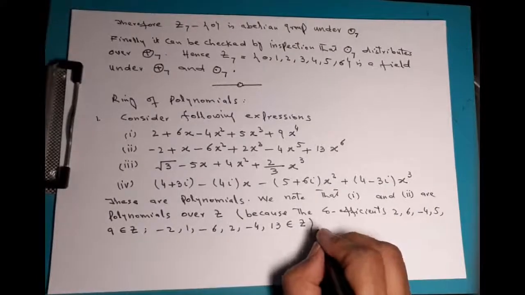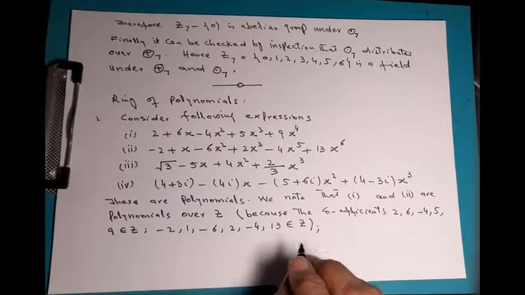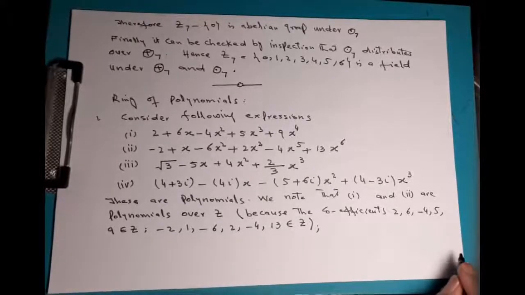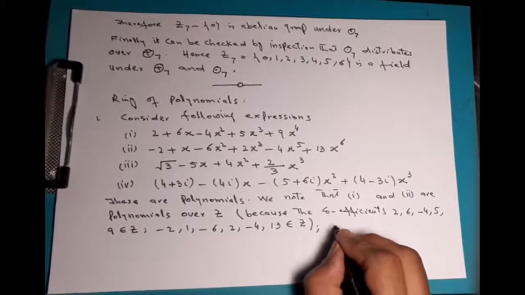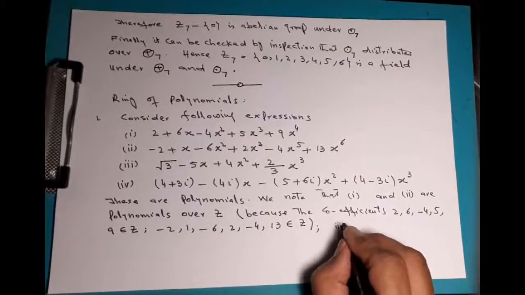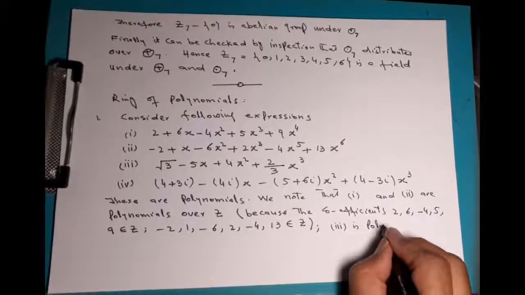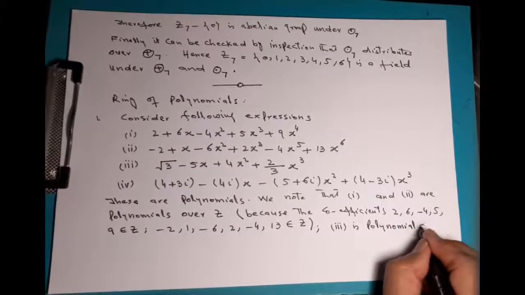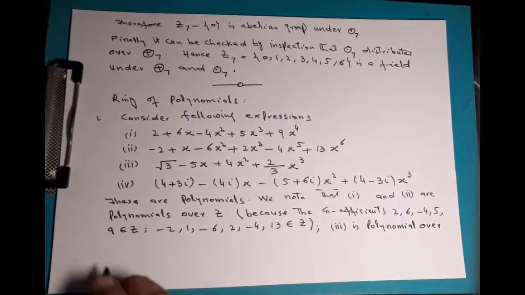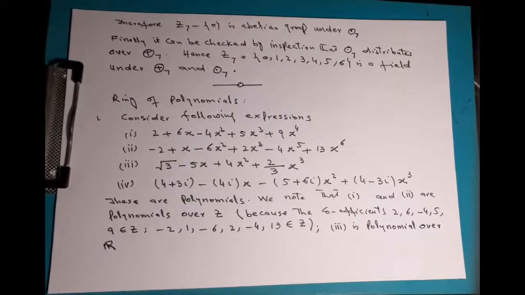So having said that, let's come to the third polynomial. The third polynomial is a polynomial over R, the ring of real numbers. This is the way we have decided to denote the ring of real numbers.